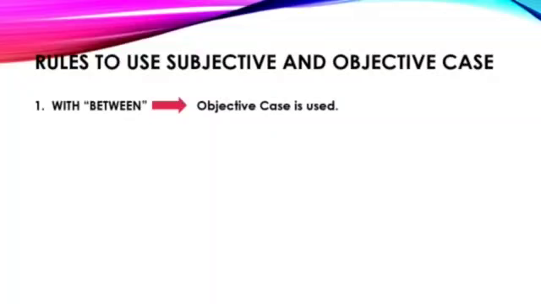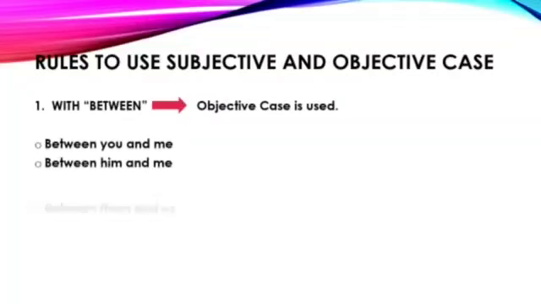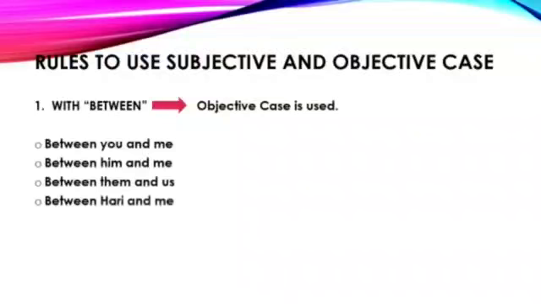So let's see some examples. Between you and me, between him and me, between them and us, between Hari and me. So you can see in all the four examples I have used objective case. Here all the cases are used as objective cases.